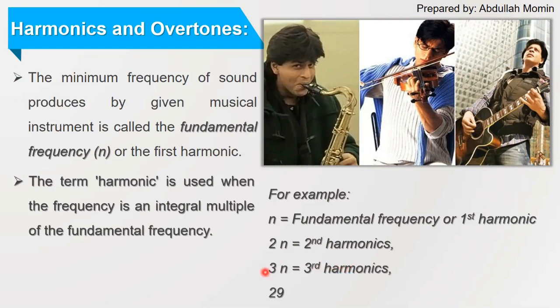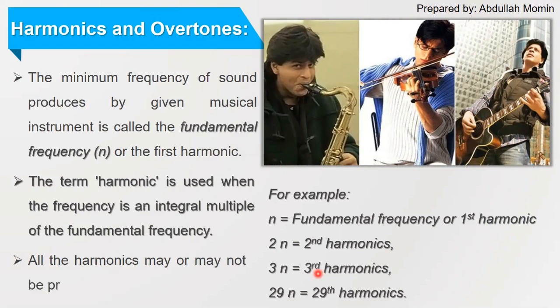And if it is multiplied by 29, then it is called the 29th harmonic. So harmonic is nothing but the integral multiple of fundamental frequency. All the harmonics may or may not be present in the given sound.